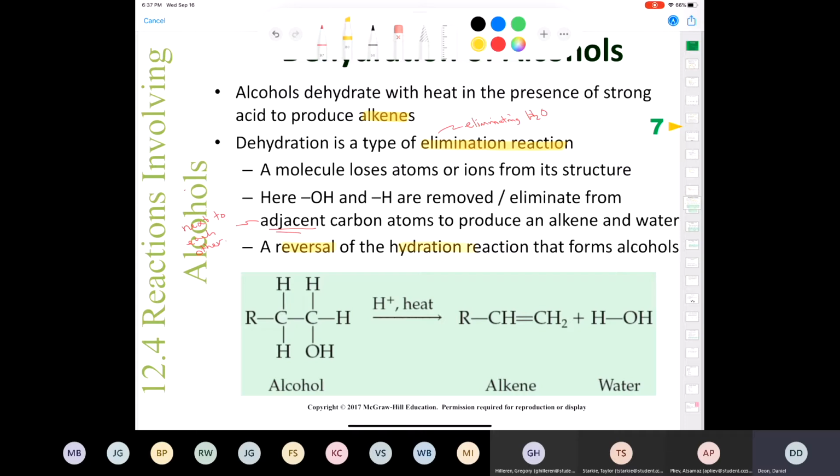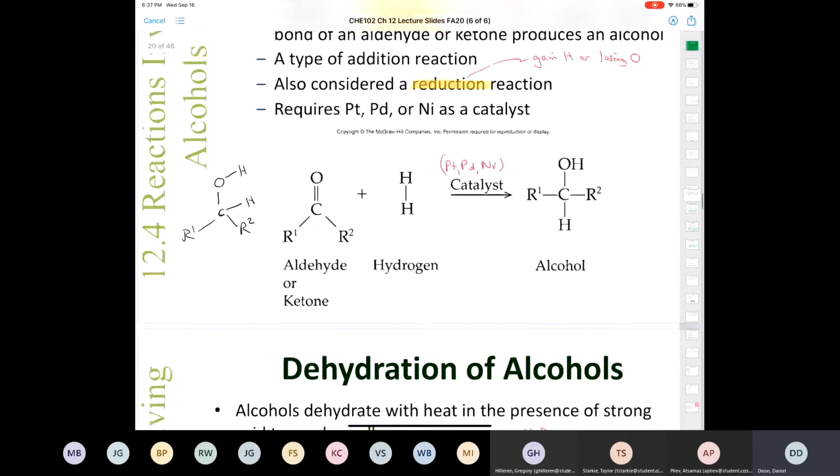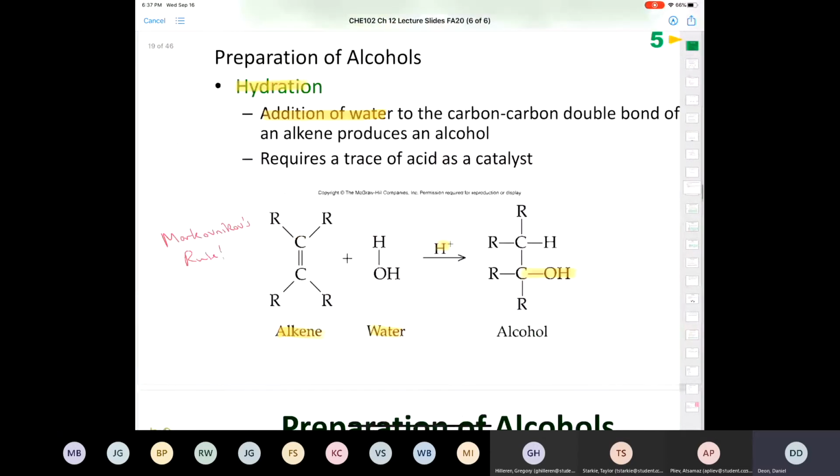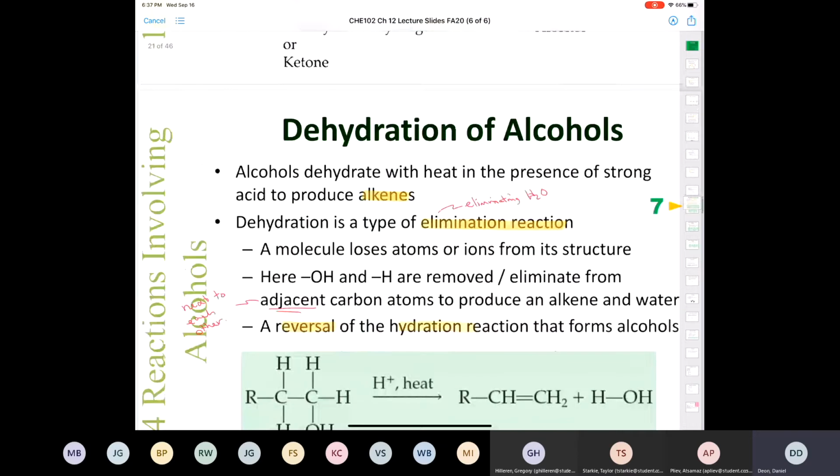Now, if you're wondering, how do I know what's the difference? Well, let's look. If I go all the way back here to this addition reaction, adding water to an alkene, look very carefully. You've got to have a sharp eye here. All you added was acid, and you end up making an alcohol. Okay, sounds good. Let's go back here to the dehydration reaction.